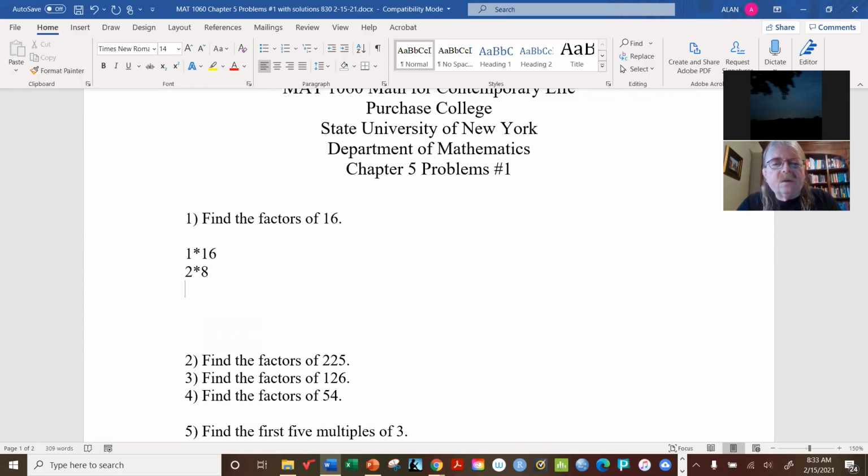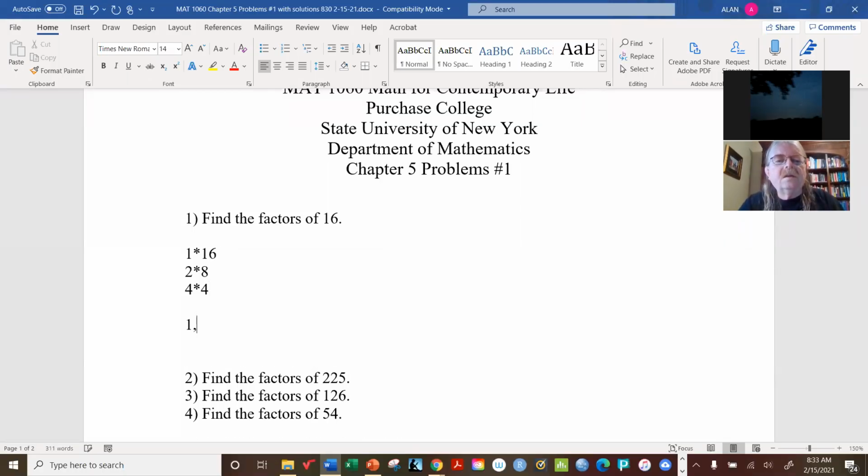It's not divisible by 3, and then it's divisible by 4. Now, you don't have to go any further because the next factor would be 8, which we already have up here. So you can just write out the list: 1, 2, 4, 8, and 16, and that's it. There are no more. You don't have to repeat any of them, so you're done.